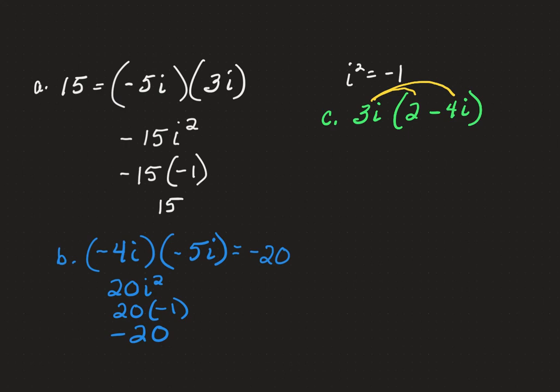So 3i times 2 will give me 6i, and 3i times negative 4 will give me negative 12i squared. What I really have here, though, is 6i minus 12 times negative 1. That will give me a positive 12, which I'm going to write first, and then I have a positive 6i.